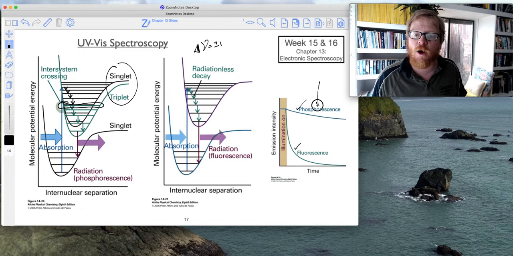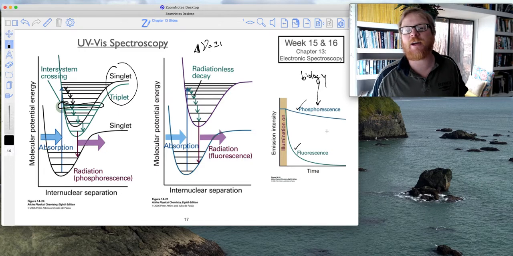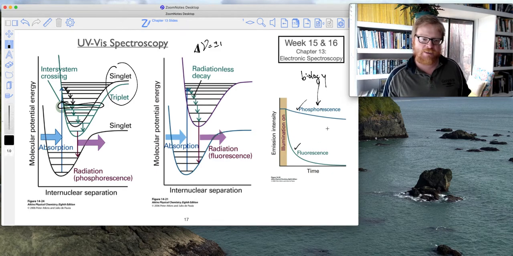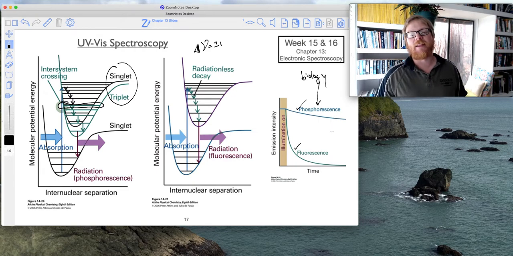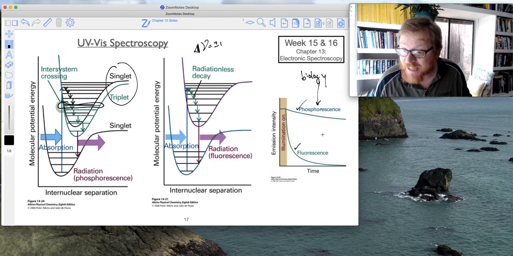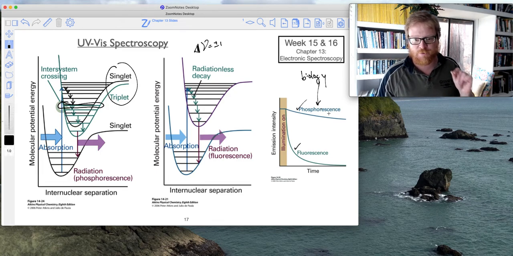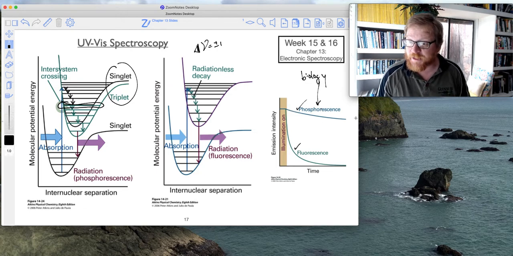As a result, I'll just say biology has really figured out how to take advantage of phosphorescence. You might have heard of these particular critters that live in caves that hardly ever see any daylight at all. Those critters that undergo bioluminescence, what that really is, is phosphorescence, because the phosphorescence emission intensity decays slowly.